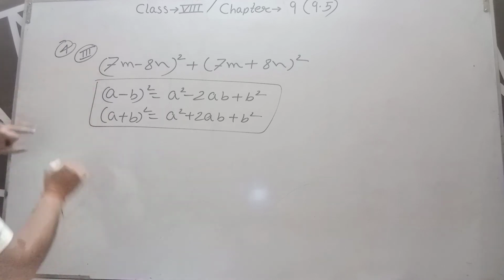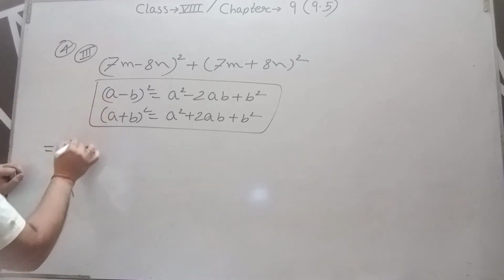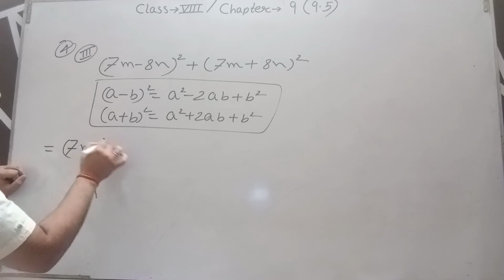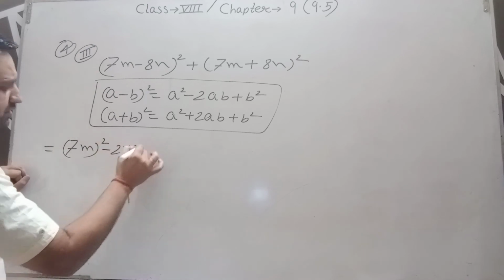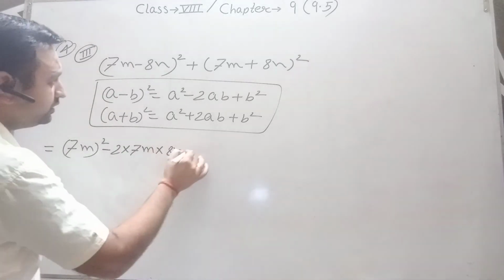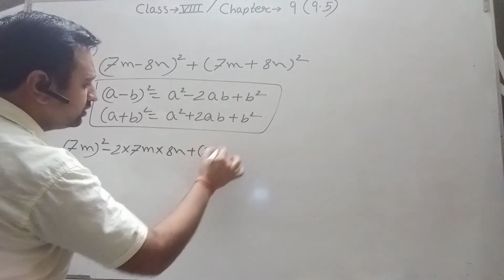Now apply the entity in this term: (7m) whole square minus 2 multiply 7m multiply 8n plus (8n) whole square.